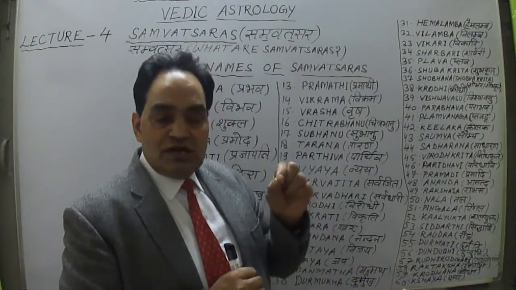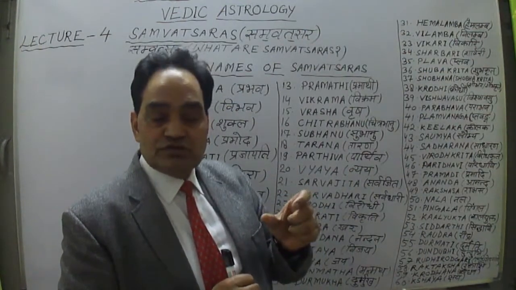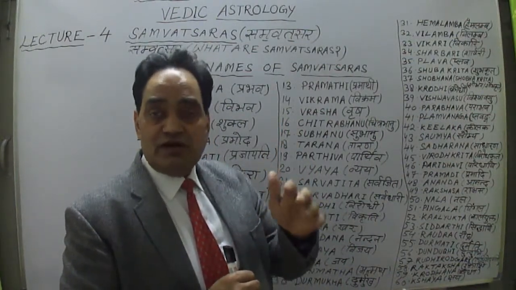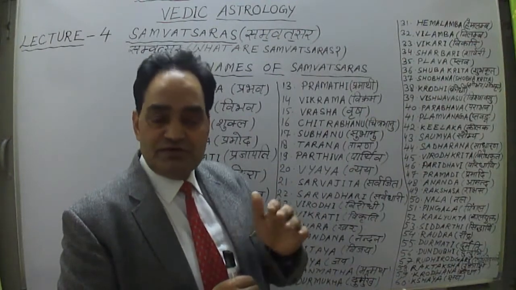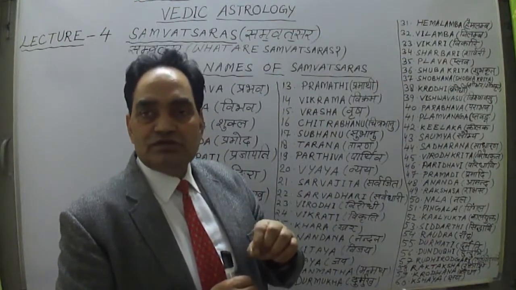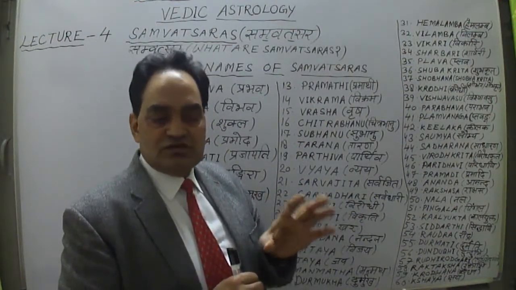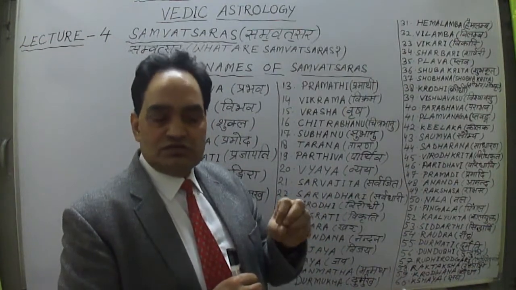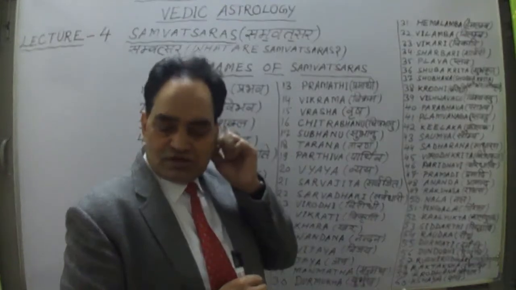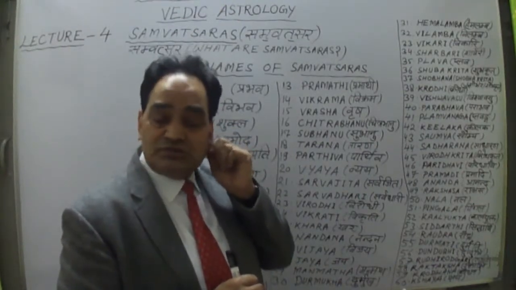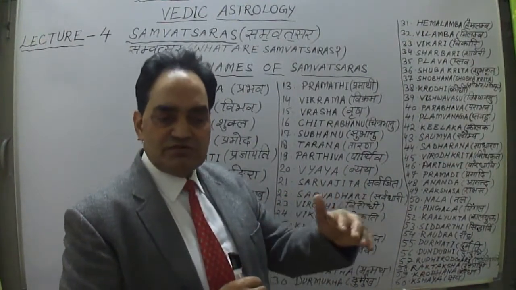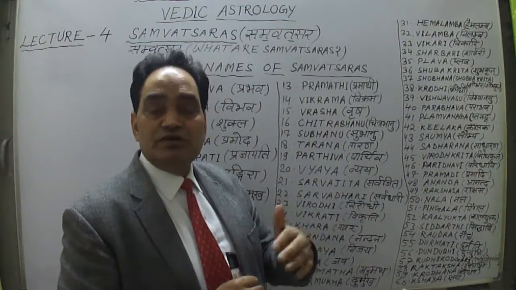While Saturn moves an average of 2 minutes per day. Kala is the Sanskrit word, kalas in the plural. So Jupiter travels 5 minutes per day, and Saturn travels 2 minutes per day.